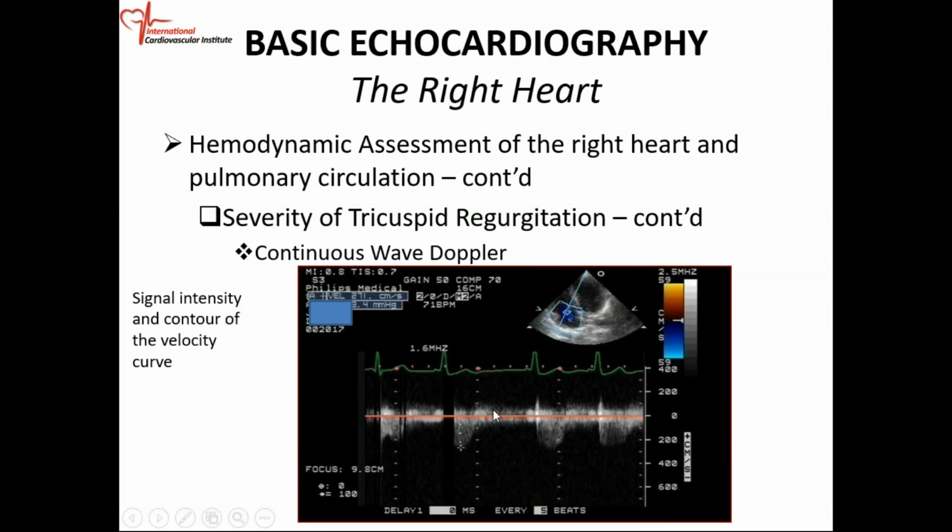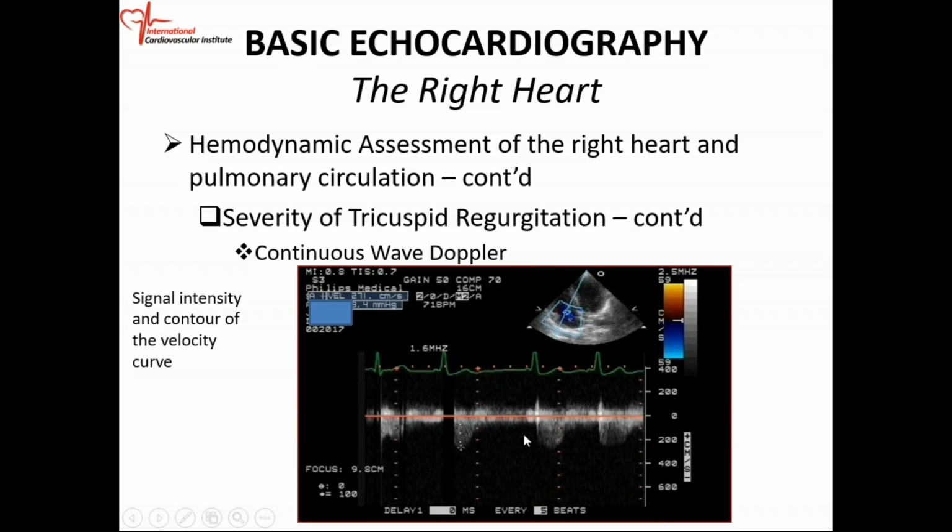Your continuous wave Doppler is also very important in tipping you off as to the severity. If you get a faint continuous wave Doppler like this, then you know it's not severe. So a faint TR signal, it's not severe. And if the contour is rounded, then it's probably not severe.